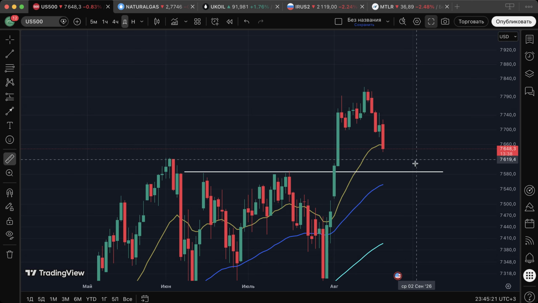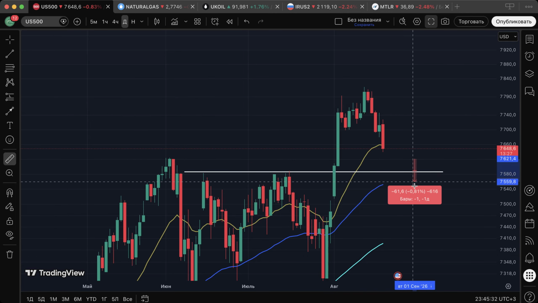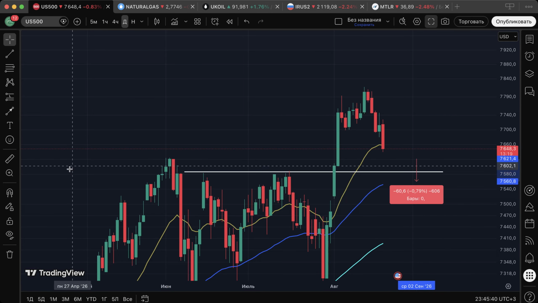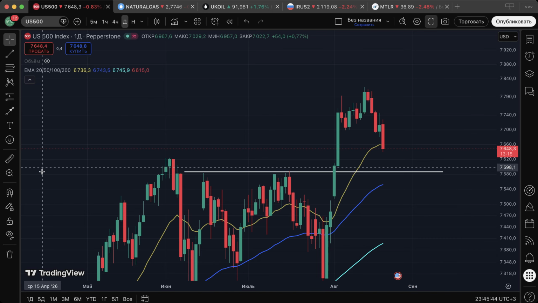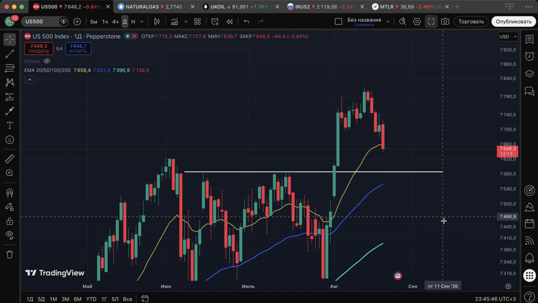I think our order block where we can put our orders can start from the level 7,620, and the end can be the level $7,560 here, and our stop we can put lower than the 50 MA on the day frame after closing the day lower than this level.